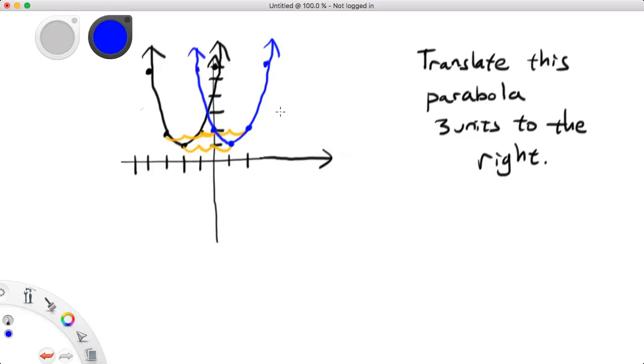So we can do a transformation. We can translate this parabola, which represents a quadratic equation. We're going to translate this parabola, let's say, 3 units to the right.